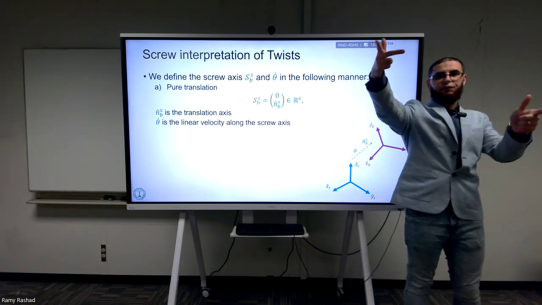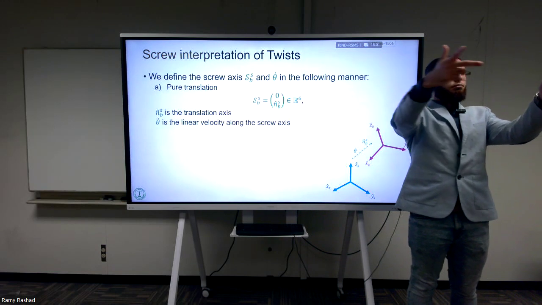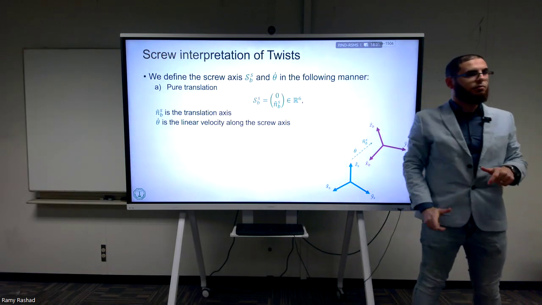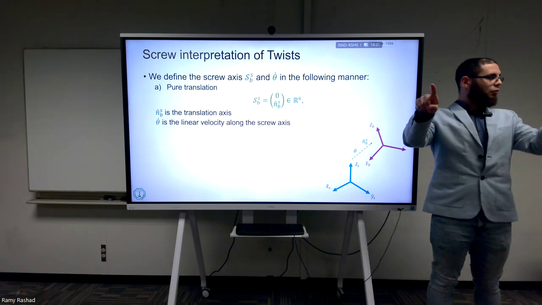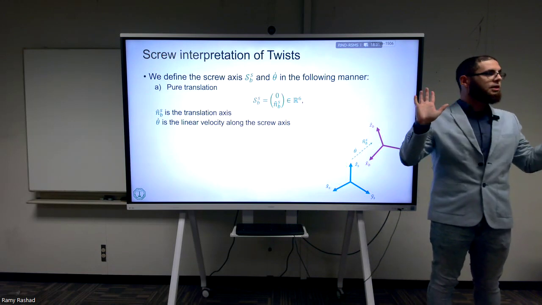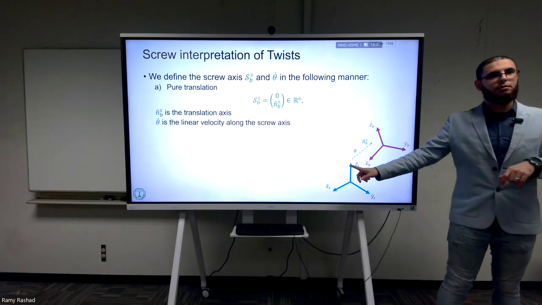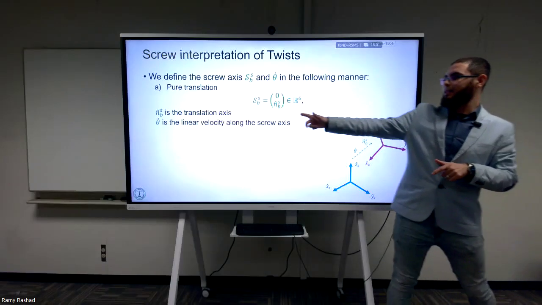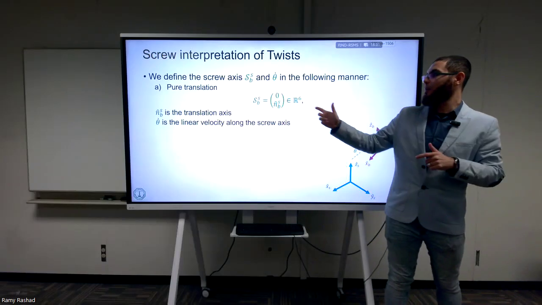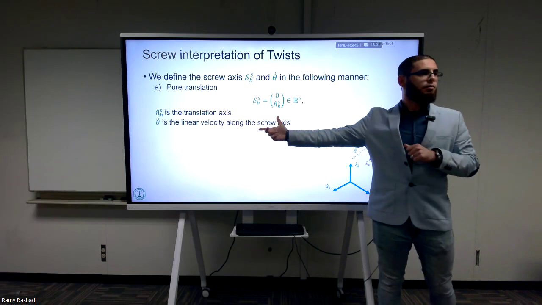For example, this is frame B, this is frame S, and this is the kind of motion I'm doing. So where is this axis? It's this one, right? What are the numbers of it? No numbers yet. I'm not talking about the numbers. This is the axis along which the translation is happening, and the number theta dot, the number that when I multiply by this, I get a twist, is simply the linear velocity.